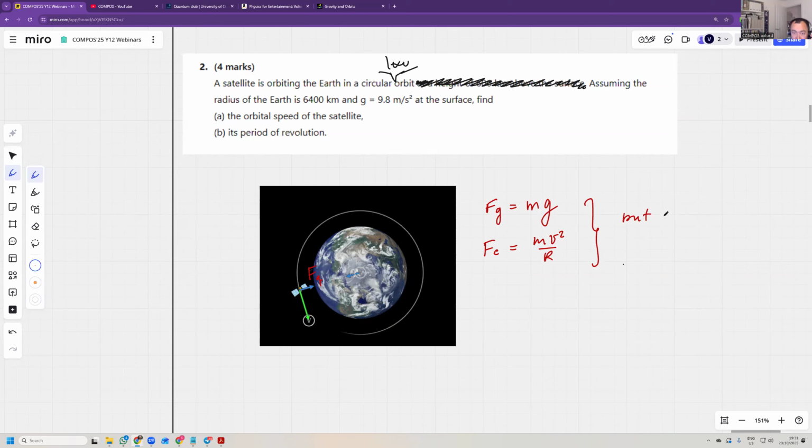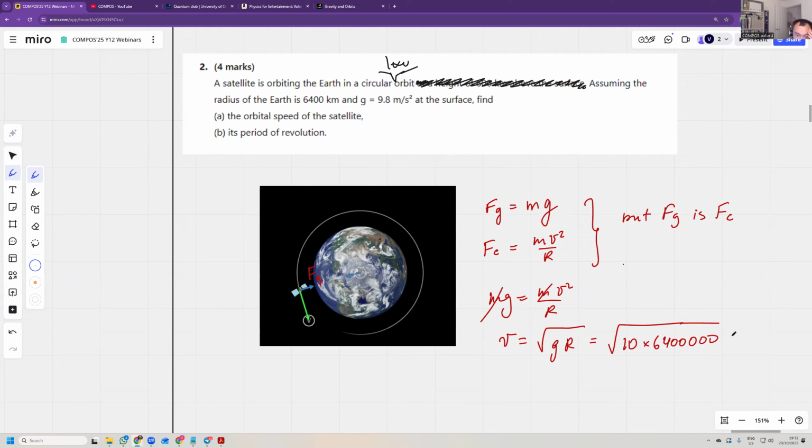But Fg is Fc, the gravitational force is the centripetal force, therefore mg equals mv squared over r, and the mass of the satellite cancels out, and the speed of the satellite is the square root of gr, which is 10 times 6,400 thousand meters, which is 8,000 meters per second.